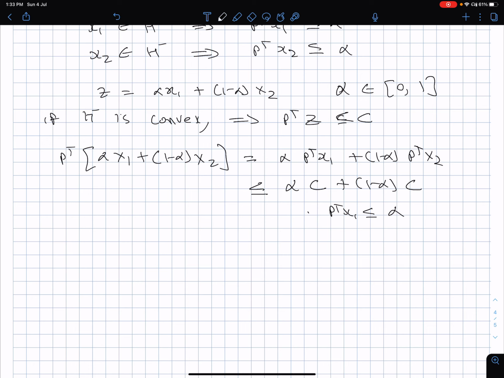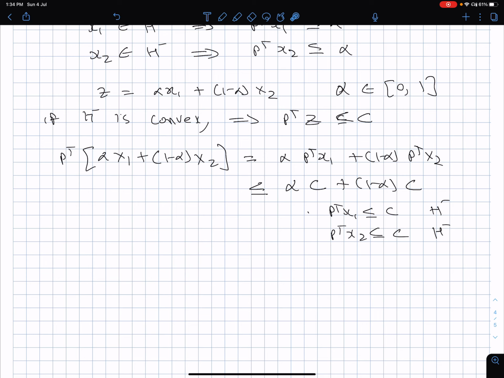Because I know that P transpose x1 is less than or equal to C, it belonging to H minus. Similarly, x2 also belonging to H minus, P transpose x2 is also less than or equal to C. And alpha and 1 minus alpha being positive numbers, I can immediately say that alpha times P transpose x1 will be less than or equal to alpha times C. If alpha was negative, it would have become greater than or equal to.